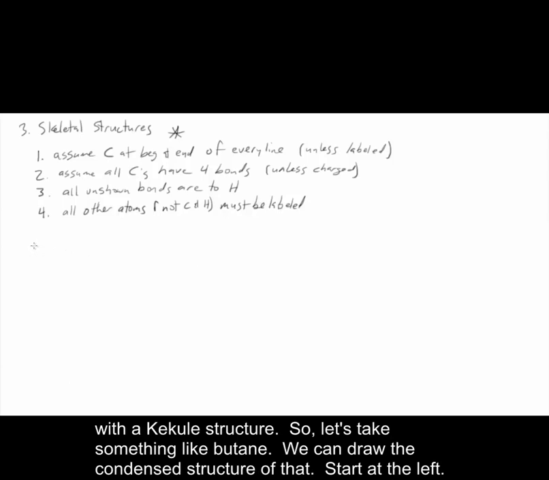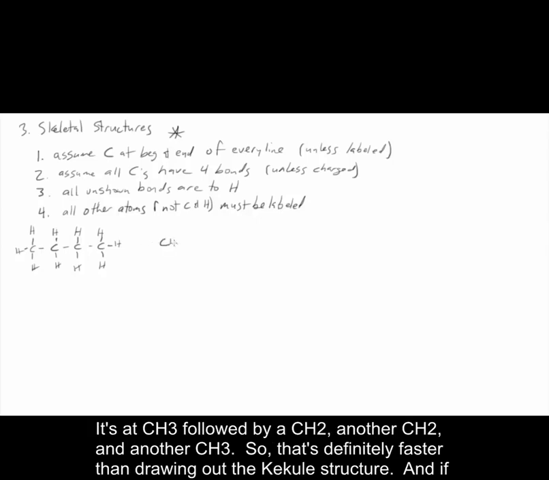So let's take something like butane. We can draw the condensed structure of that. Start at the left, it's a CH3, followed by a CH2, another CH2, and another CH3. So that's definitely faster than drawing out the Kekule structure.